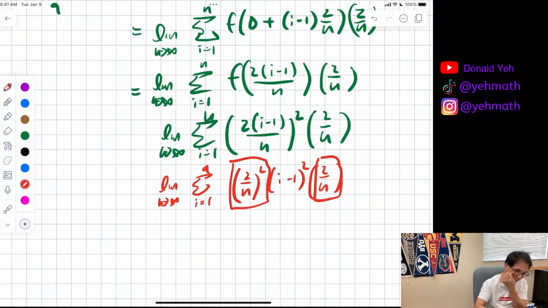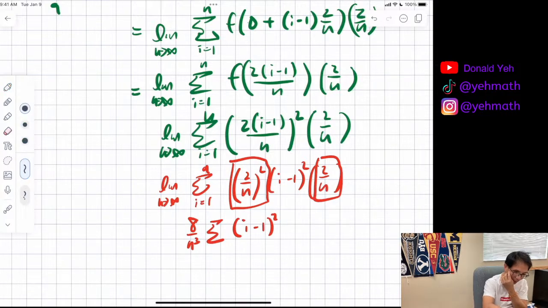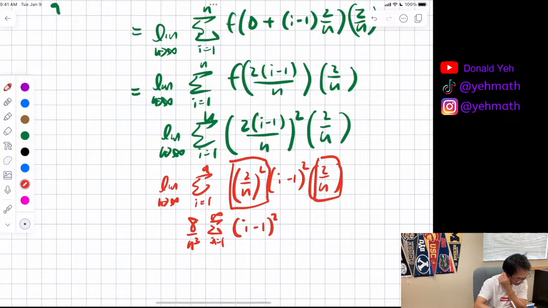So that's going to be what? 8 over n cubed. Does that make sense? Summation of i minus 1 squared, i equal to 1 to infinity, limit as n approaches infinity. Is that okay?